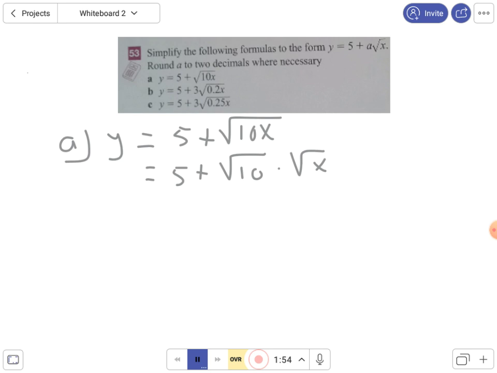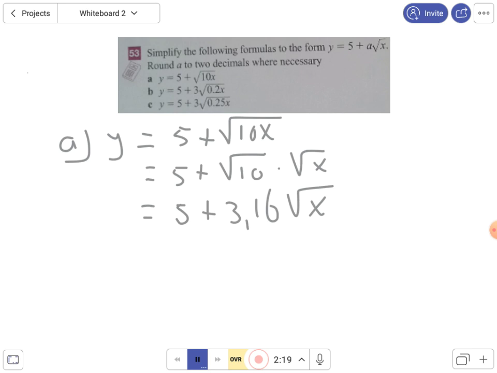So the square root of 10 is equal to 3.16, round this to 2 decimals. So you get 5 plus 3.16 square root of x. And now you have the form 5 plus a square root of x, because the a is then 3.16.